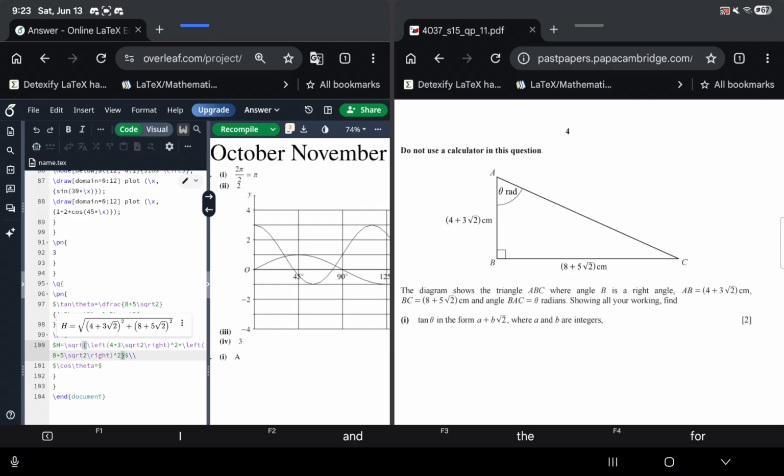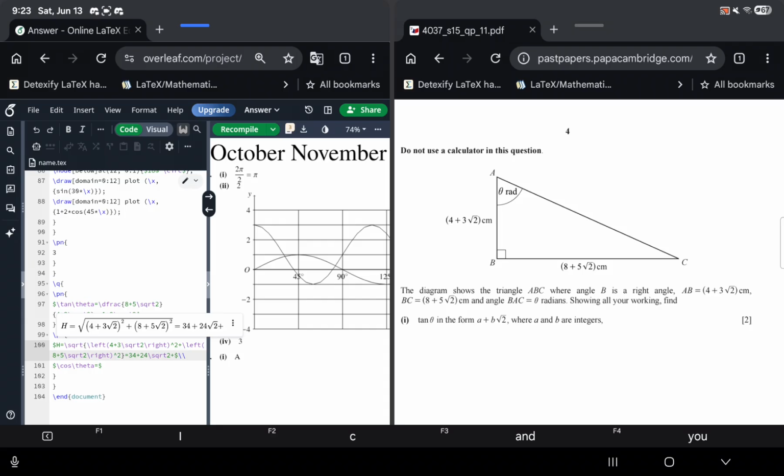Okay, let's compute it normally. It is 34 plus 24 square root of 2. Remember, what matters is what's on the inside, 8 plus 5 root 2, and it is not showing me.